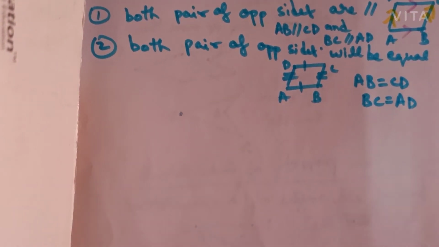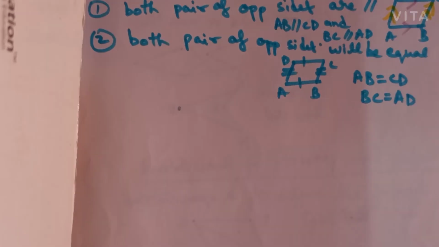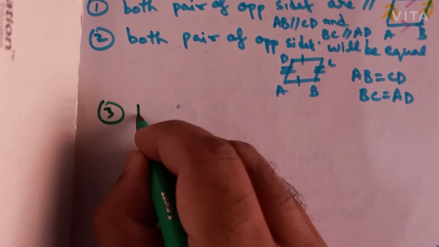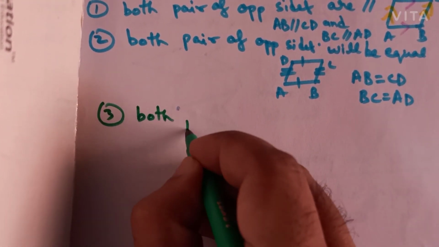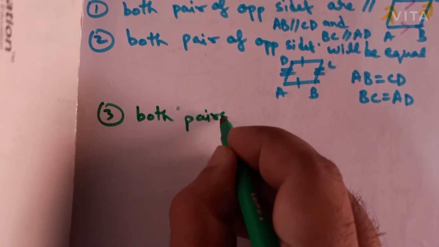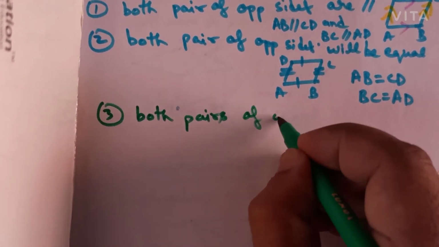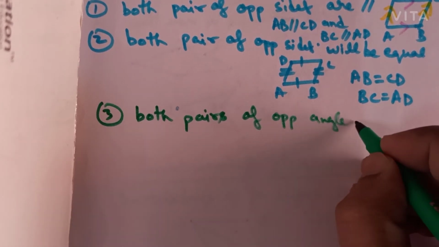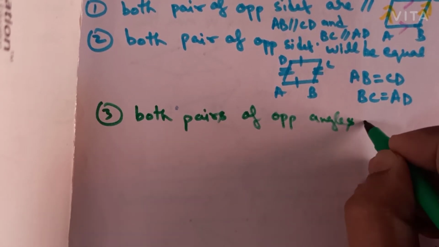Now the next point, that is point number 3. Opposite angles of a parallelogram will be equal. Both pairs of opposite angles will be equal.